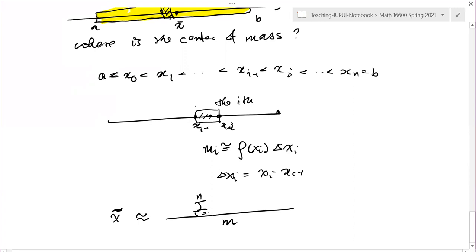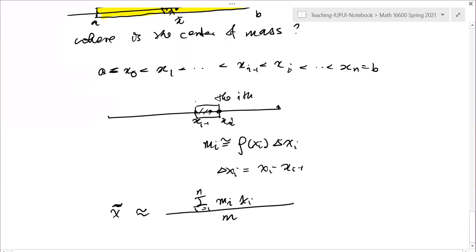You chop this piece into many pieces. You view each small piece as just a point, and all the mass is concentrated at this point xi.